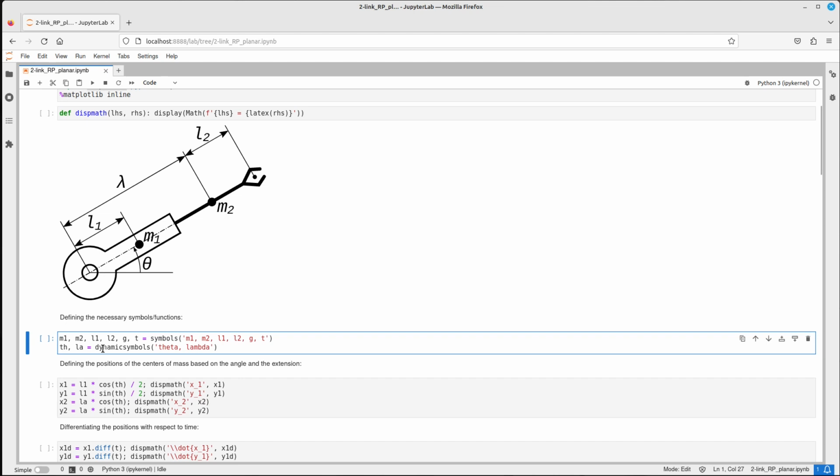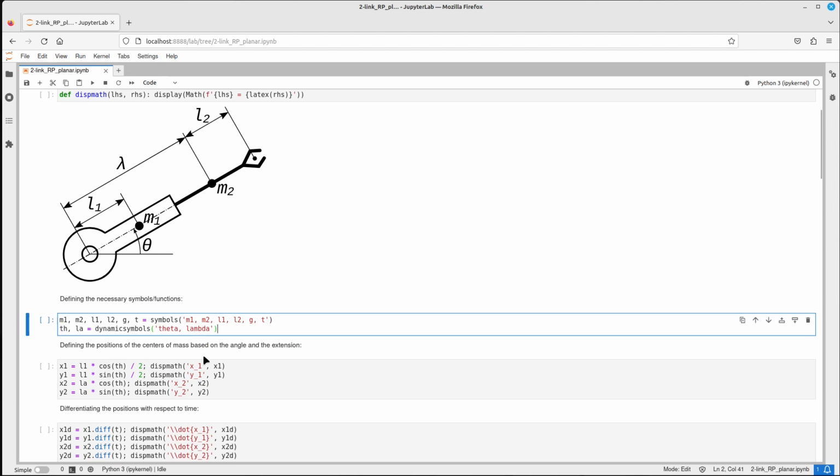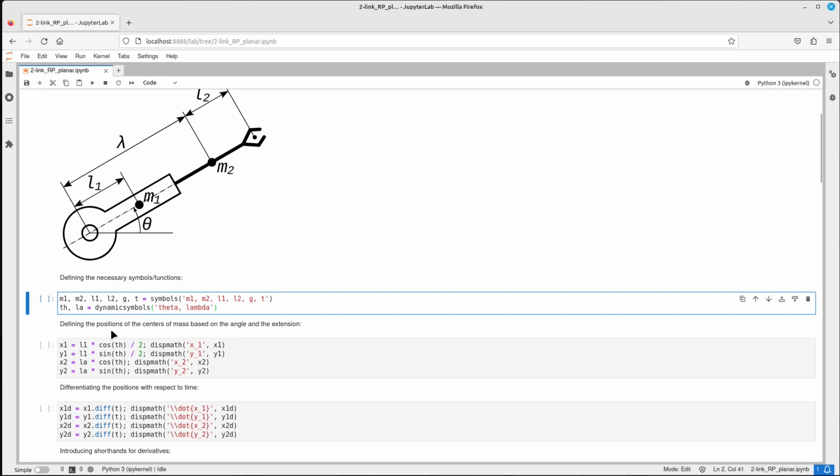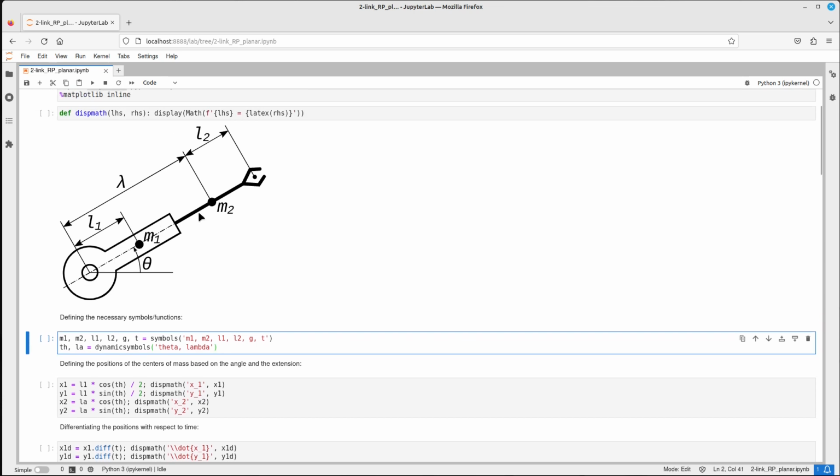And we also have something called dynamic symbols, and these are functions of time. So this is going to be TH for theta and LA for lambda. So this is how we define them. And the next step is to define the positions of the centers of mass based on the angle and the extension of this second link.